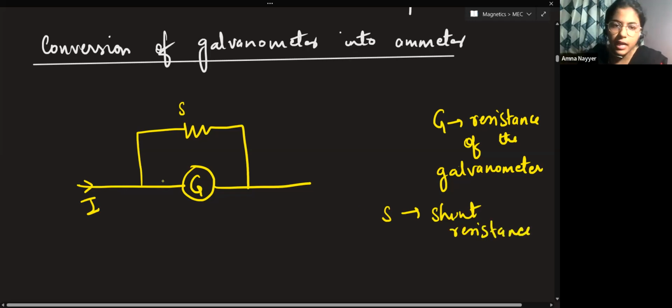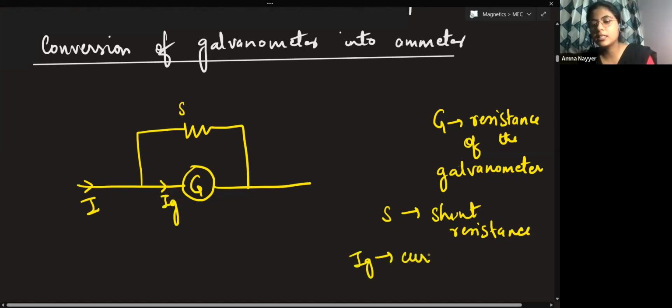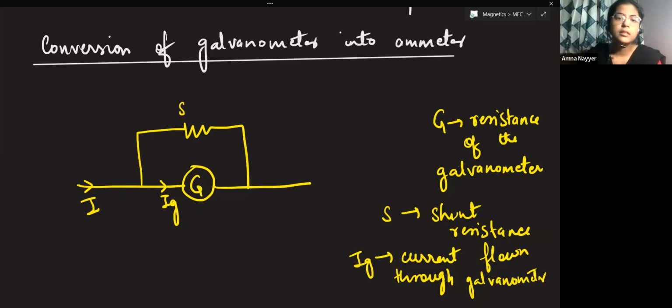Let's say IG has flown through the galvanometer. IG is the current flown through galvanometer. Hamza, can you tell me what will be the current flowing through this wire? If IG has gone, how much current will be left in this wire?